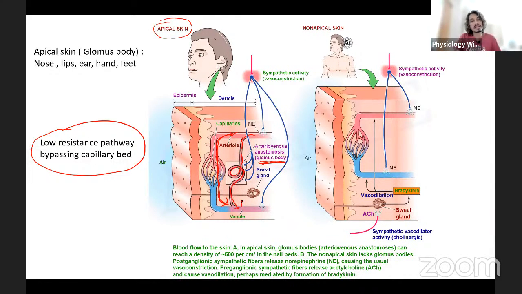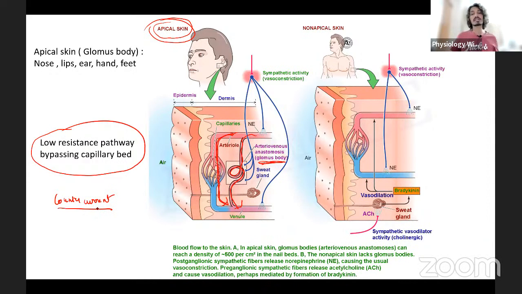Based on the level of vasoconstriction or vasodilation, it can in turn help conserve heat, or it can result in heat loss. So again, that is the importance of your apical skin and the glomus body and how it acts. This is again an example of a counter current.